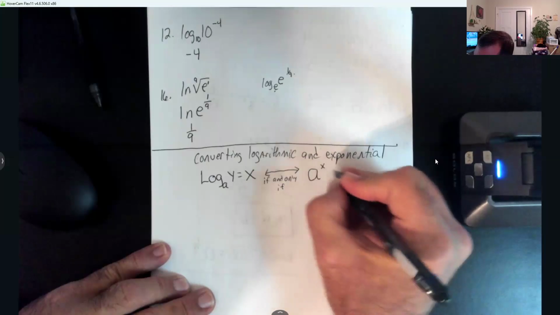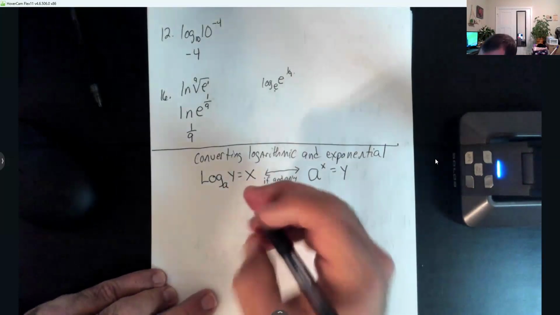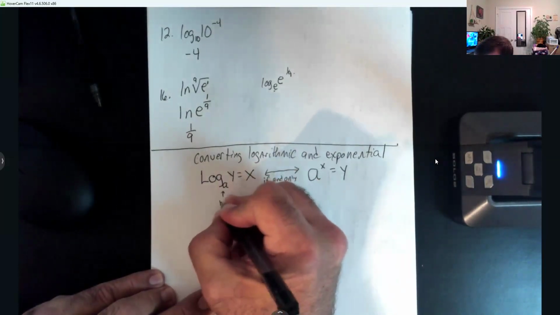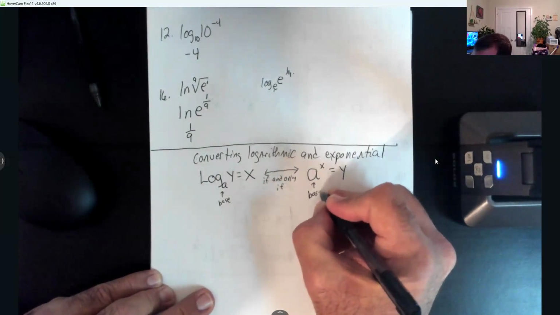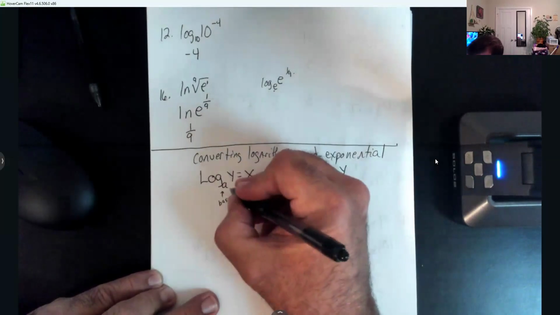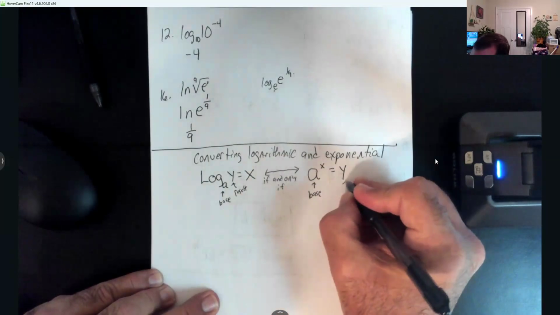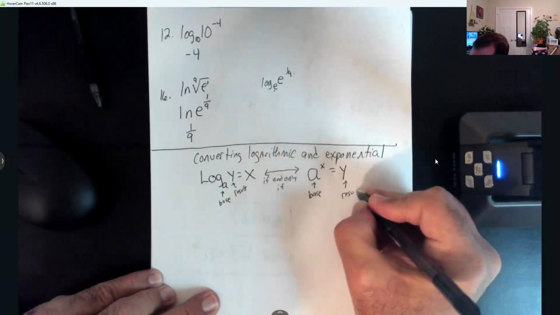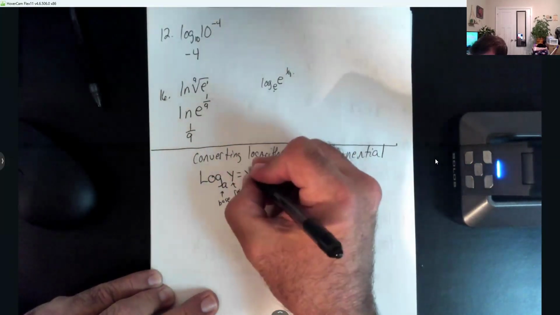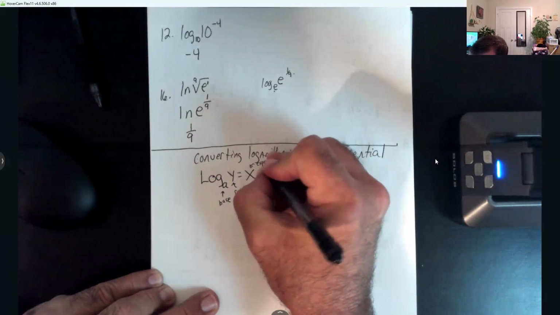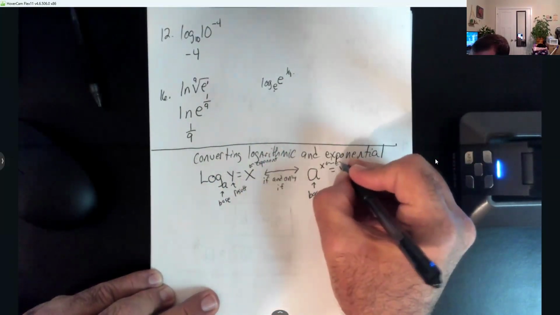A to the X equals Y. So look here, the base, that's the base of the log. It equals the base of the exponential. Y is the result. And remember, logarithms find exponents. So this is the exponent, and that equals this exponent.